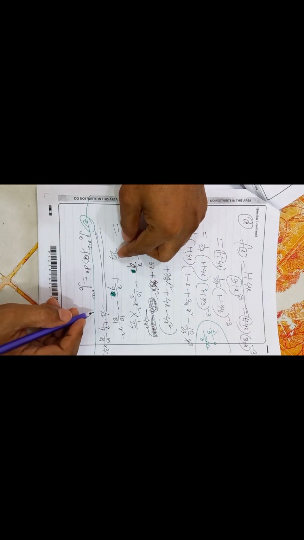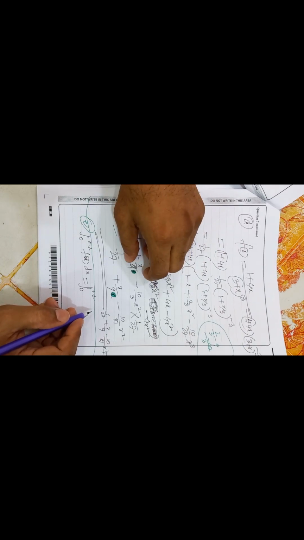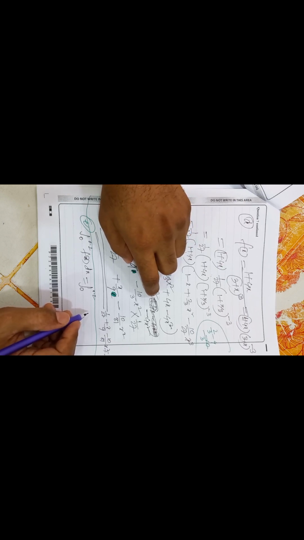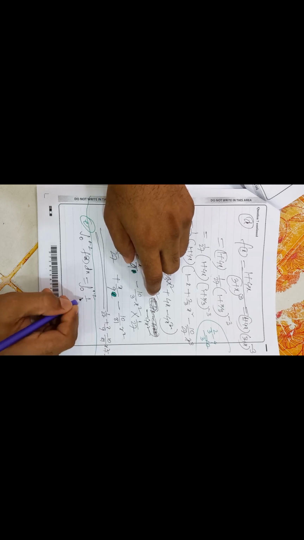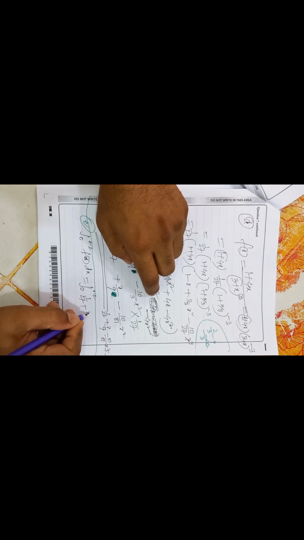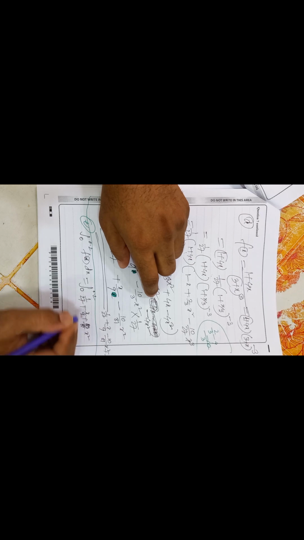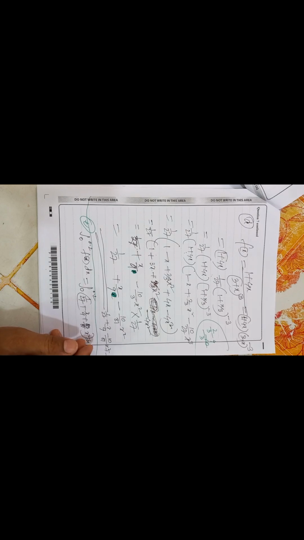What is f of x? 1 by 27 plus x by 9 minus 10 by 81 x square. This one you just simplify and integrate.